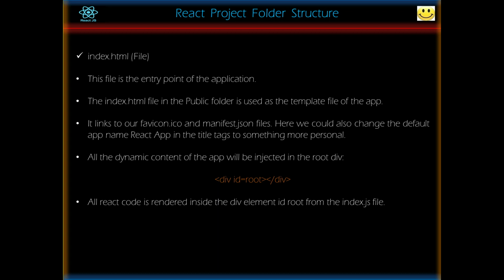Here we could also change the default app name React App in its title tag to something more useful. All the dynamic content of the app will be injected in the root div as shown below. All React code is rendered inside the div element with id root from the index.js file.